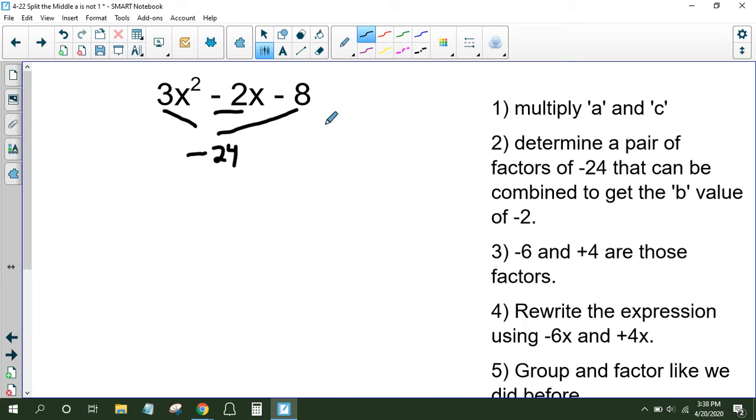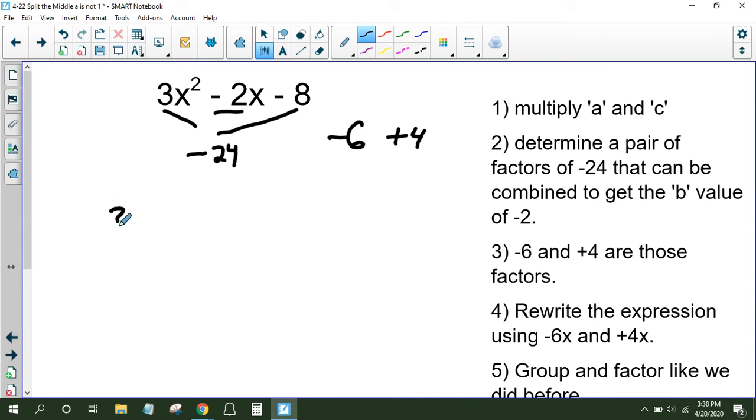If we were to multiply a negative 6 and a positive 4, negative 6 times a positive 4 would give us a negative 24. And if we combine the negative 6 and the positive 4, we're going to get a negative 2. So these are the factors that we want to work with.